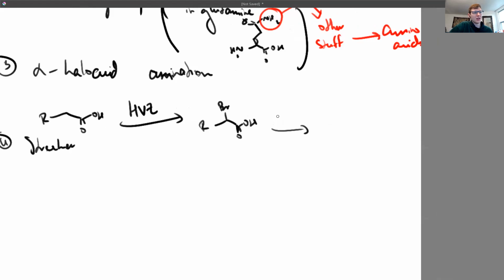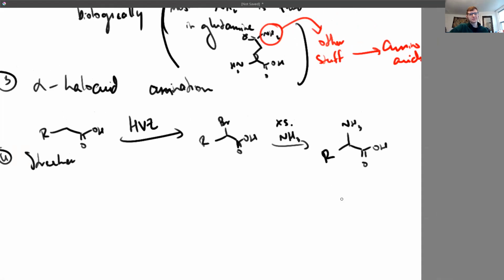And okay, just hit it with a whole ton of ammonia, because this is a secondary carbon, right? And you can't completely forget from SN2 that those don't react great with nucleophiles. So, well, we get here, and then, whoop, same thing.